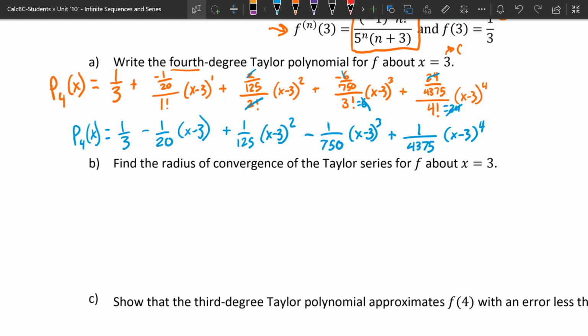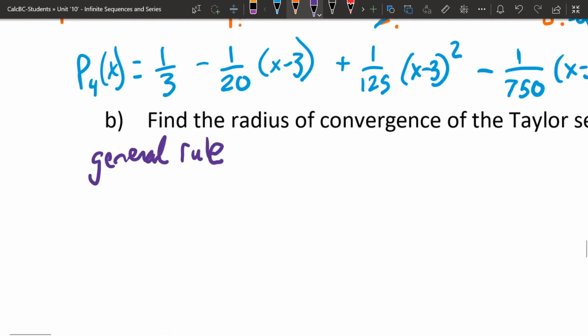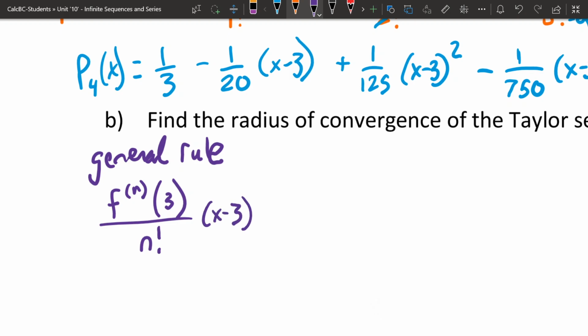Okay, part B says find the radius of convergence of the Taylor series for f about x equals 3. All right, so our general rule, looking at that polynomial that we just got, is that nth derivative at x equals 3 over n factorial times x minus 3 to the n.